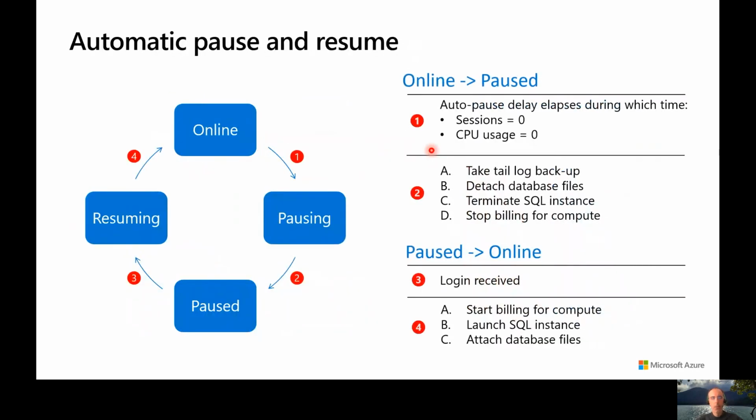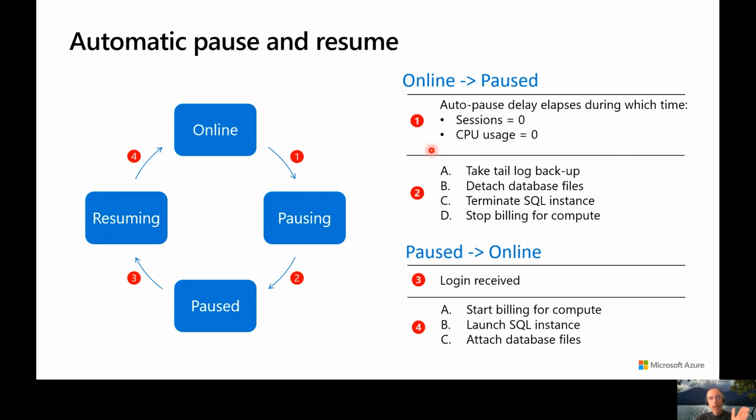Pausing and resuming, how does this work? So while the database is online, the service is constantly analyzing its usage history. Two key metrics that it's looking at in terms of making the decision whether or not to pause are the number of sessions and the CPU usage by the user workload.